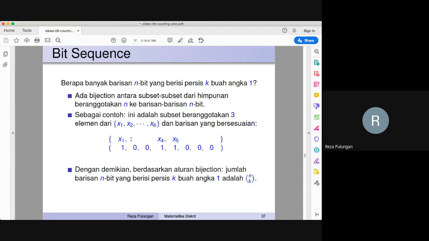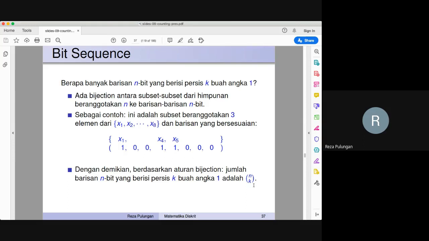Therefore, according to the bijection rule, the number of n-bit sequences, in this example 8 bits, that contain exactly k ones, in this case 3 ones, is actually the same as n select k.